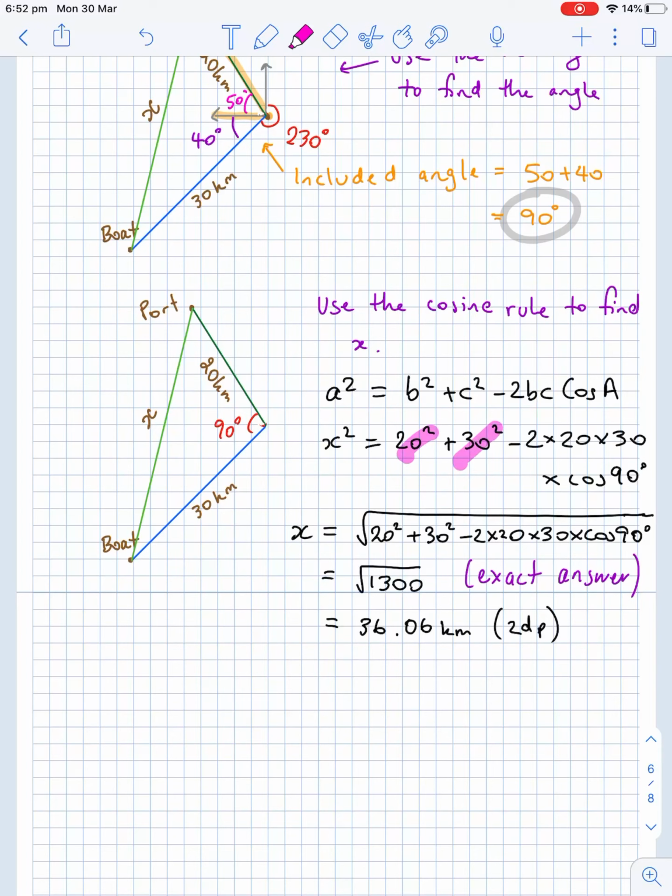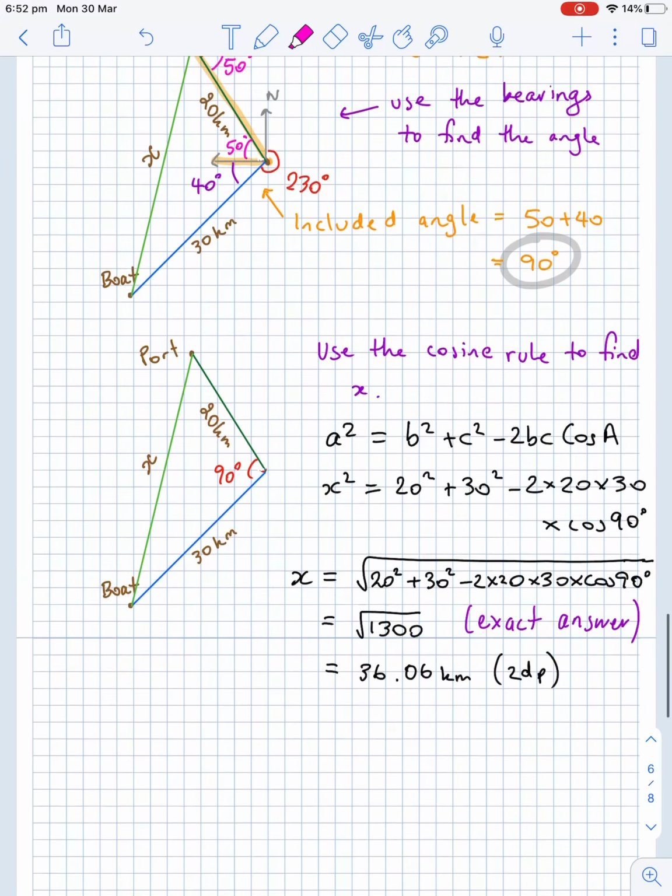So x squared equals 20 squared plus 30 squared minus 2 times 20 times 30 times cos of 90, our angle. We square root that to get x by itself. And we get that x is equal to the square root of 1,300, which equals that to 2 decimal places. Note this is called the exact answer. It's where they keep it as a surd. And yeah, then you're done.